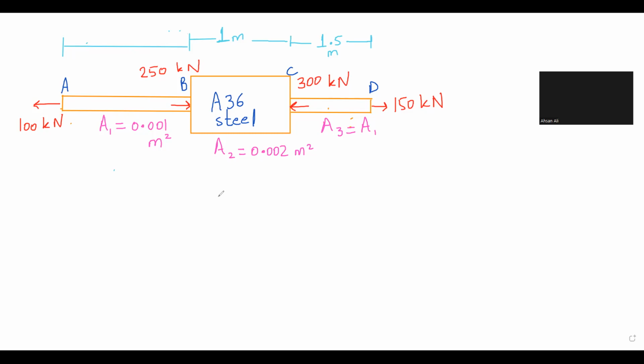Okay. I have a 2 meter here, right? And I think it's a straightforward problem.